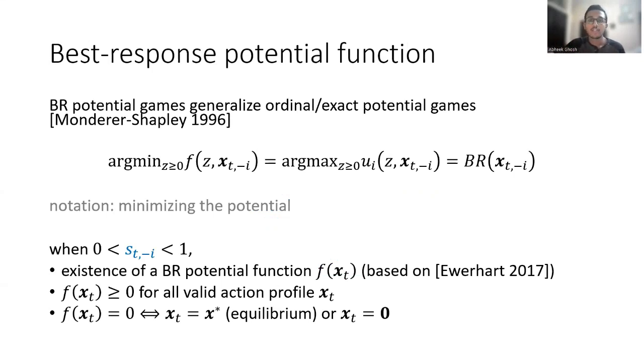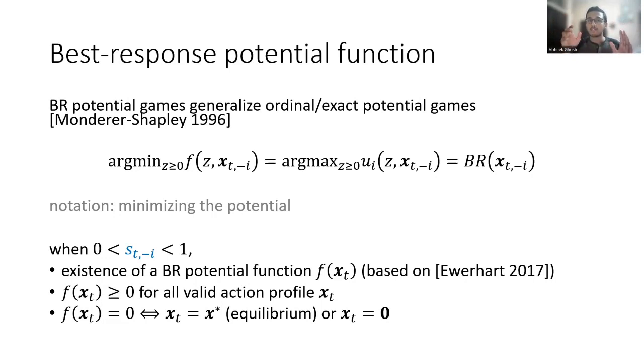In the analysis, we use a potential function, which is called the best response potential function. Best response potential games are generalizations of ordinal potential games and exact potential games of Monderer and Shapley. In a best response potential game, we have a potential function f, where given the action of every other agent, the action that optimizes the potential function for agent i is the same action that optimizes the utility function of agent i, given the same action of all other agents.